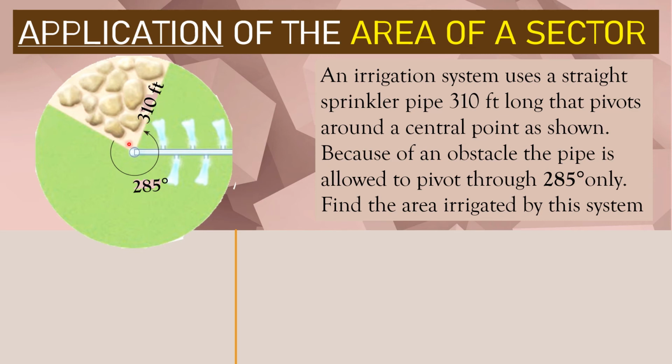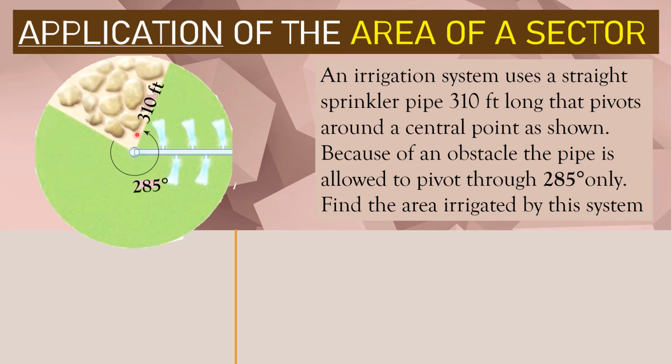As you can see in brown area, pwedeng mabato ito or hindi na siya kasali dun sa dapat diligan. Now find the area irrigated by this system. We take note that what we are looking here is a sector, area of a sector. Lahat ng inikutan nitong sprinkler pipe na ito ay hahanapin natin ang kanyang area.